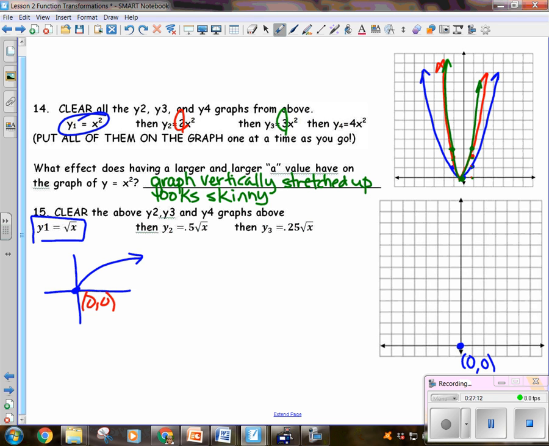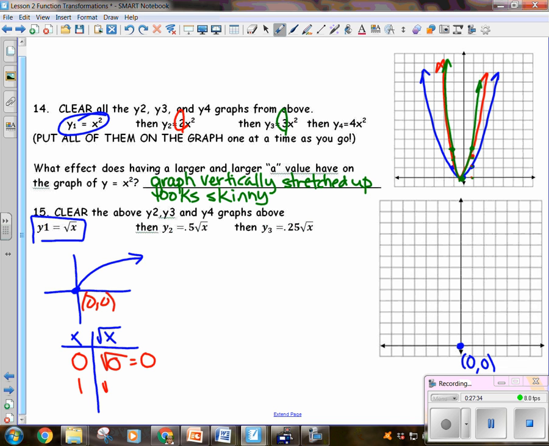Now, here's a point that is in common. If I was to have a table for this one, with x and square root of x, what if I let x be 0? Well, the square root of 0 is just 0. So 0, 0, which is the point I just put on the graph. What if x turns out to be 1?